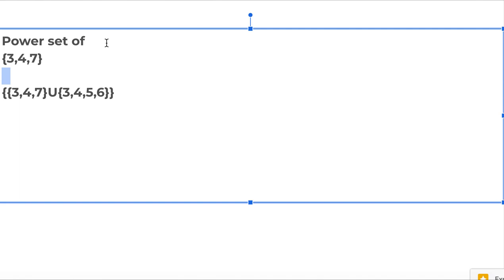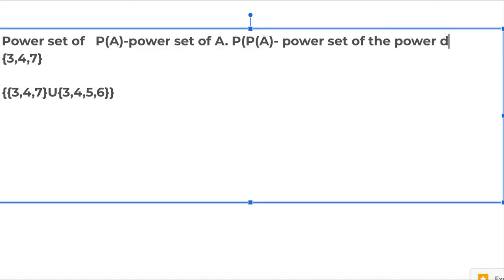Power sets are written as P of the set A. So that's the power set of A. And if you're given P of P of A, that's the power set of the power set of A. I'll just write this down because I'm putting the slides up.